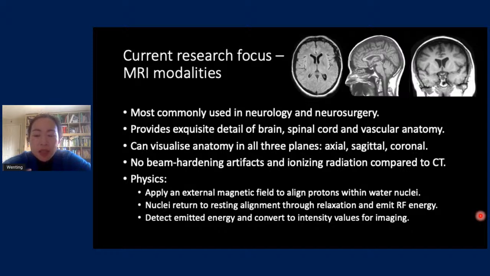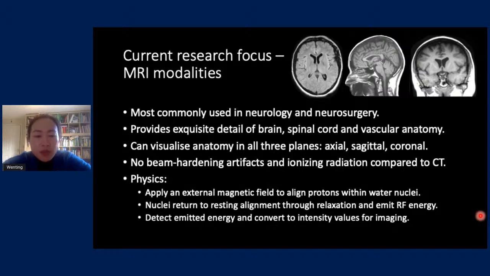The alignment is next perturbed or disrupted by the introduction of external radio frequency energy. The nuclei return to their resting alignment through various relaxation processes, and in doing so, they emit radio frequency energy.